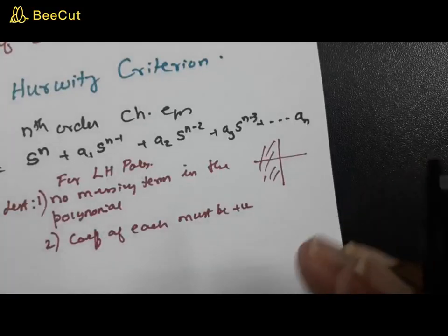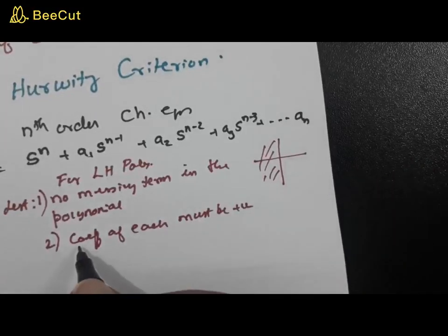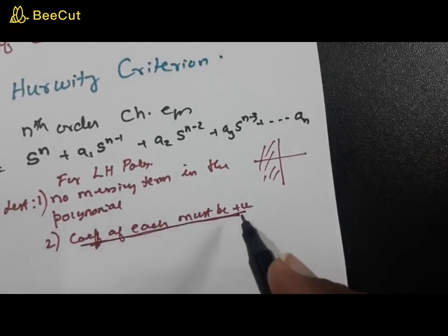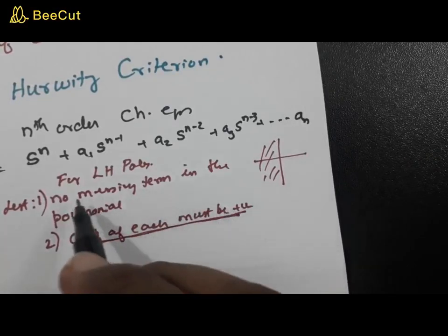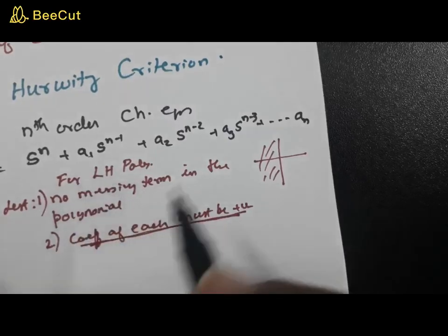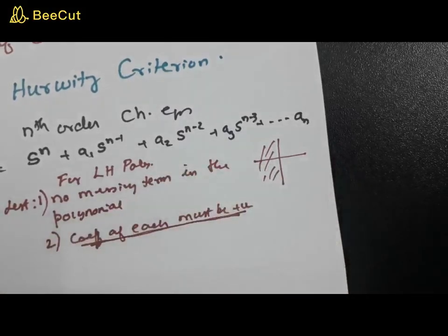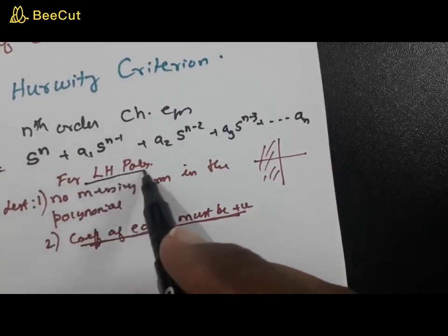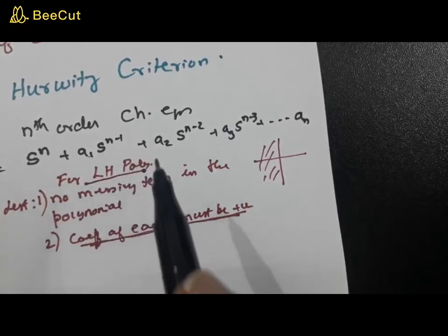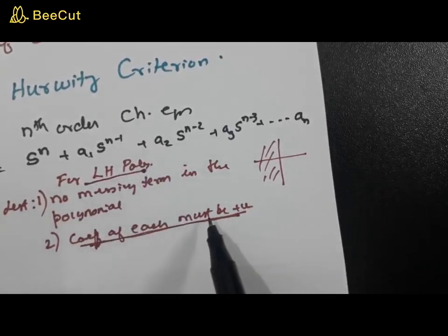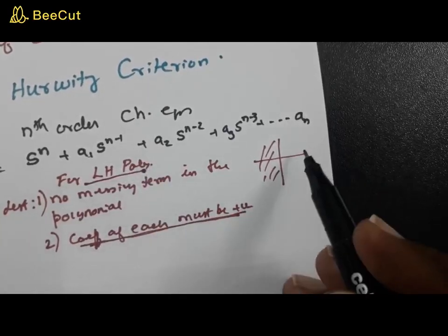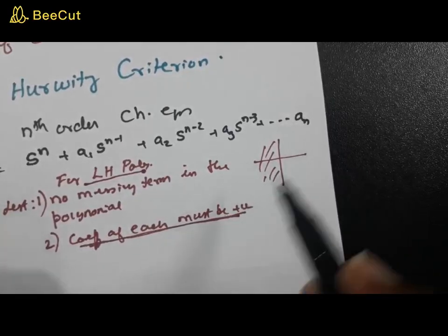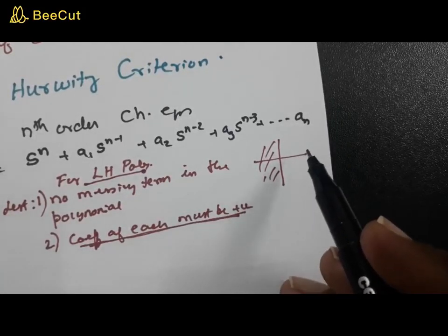And one more point to be noted is, even if it passes this test, no missing terms and positive coefficients is actually the condition for the polynomial to have all left half poles. This doesn't mean that by achieving this condition the poles cannot be in the right half. There can be chances for the poles to reside in the right half.